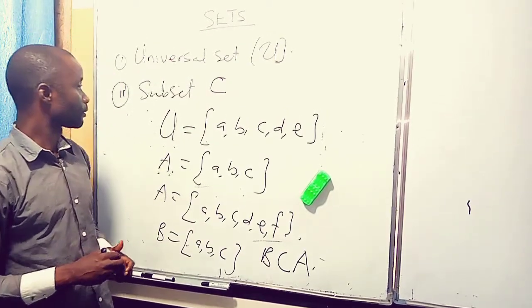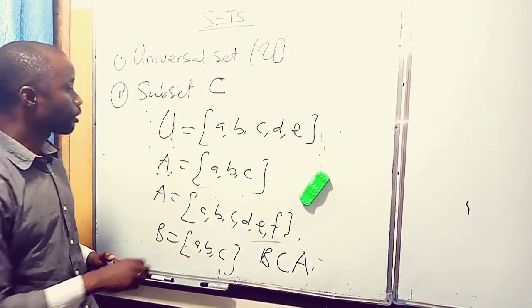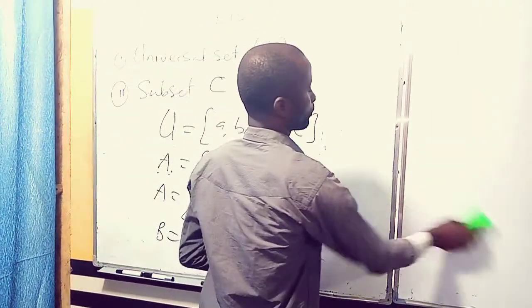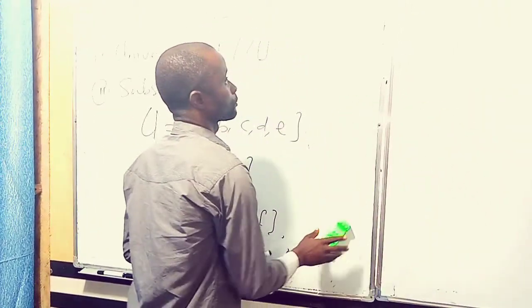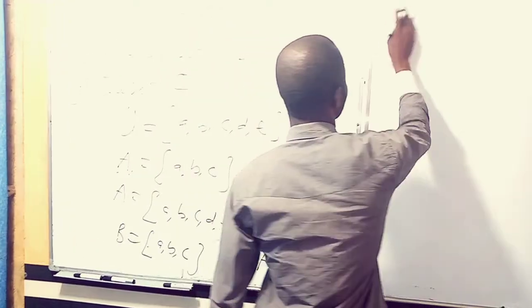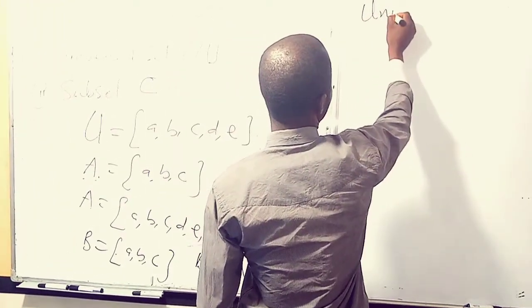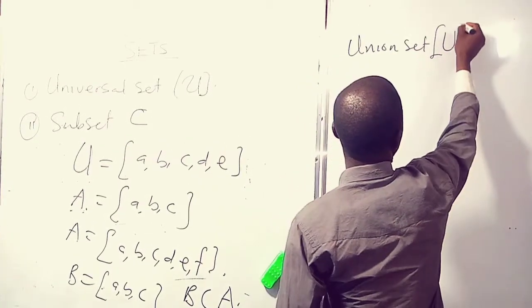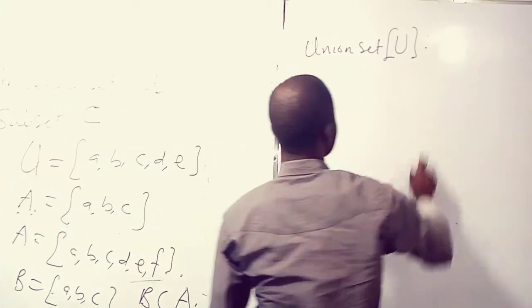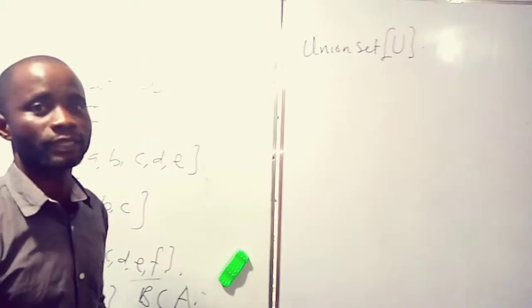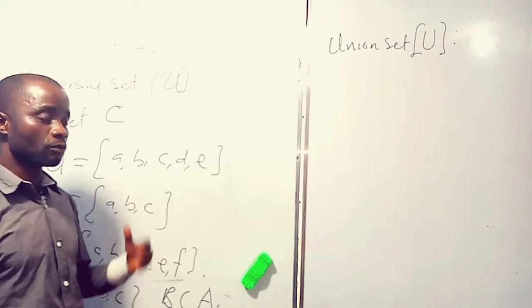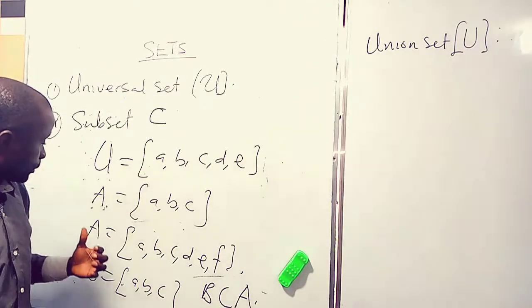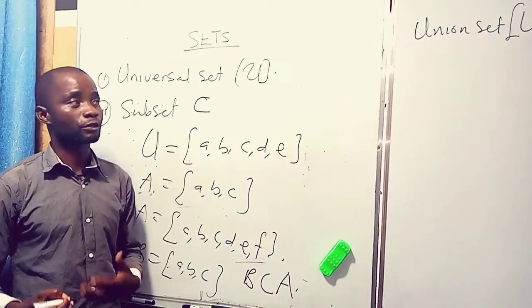That's the second one. Now let's look at the third term, called union sets, with this symbol. In this case, when you are comparing two subsets together, assume you are asked to list all the elements that are present in two subsets.